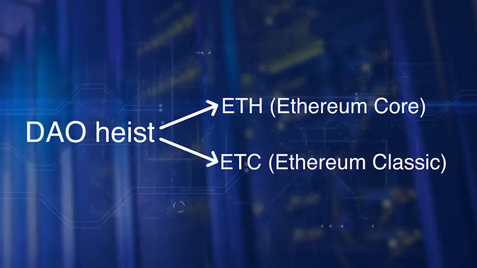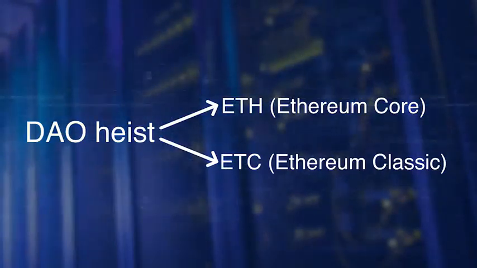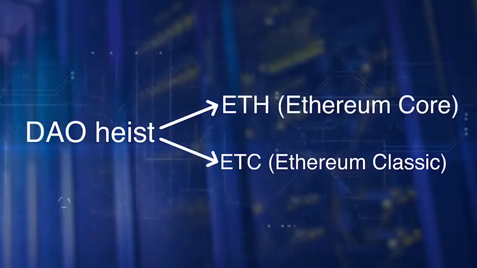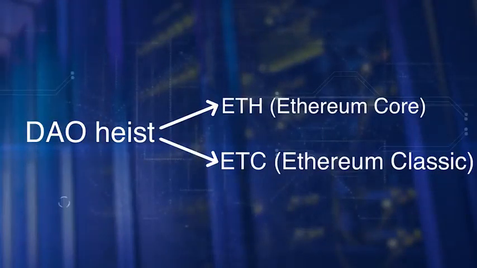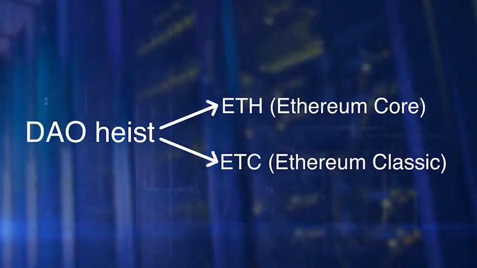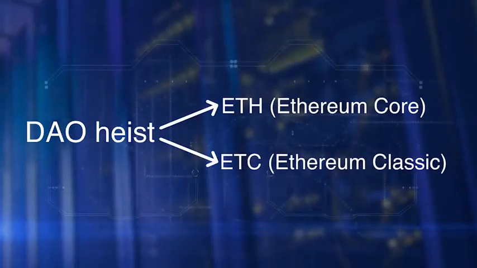This hard fork split Ethereum into ETH, the Ethereum core as we use it now, and ETC, the Ethereum Classic, that still has the DAO bug in it. In spite of all the negative publicity, we feel that a decentralized autonomous organization is indeed an innovative DApp if done right.